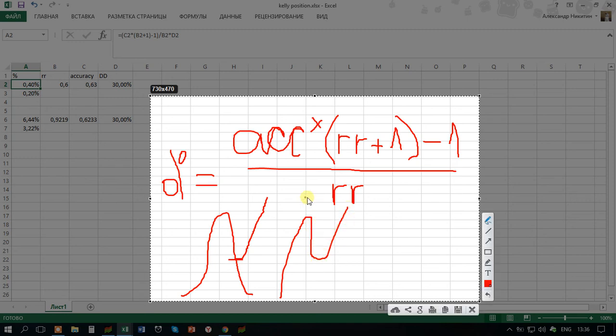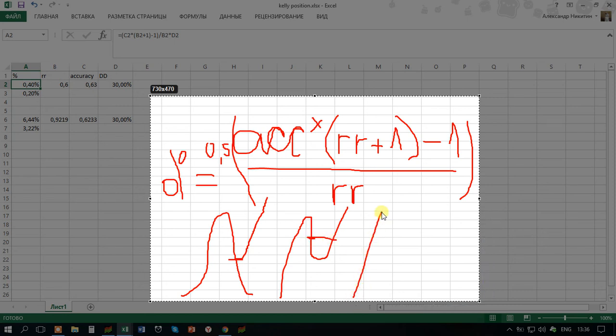So you just do this: whatever you have, you multiply by 0.5. This is the result of your calculation. If you don't want half, and you only want 25%, like this, then it should be 25.